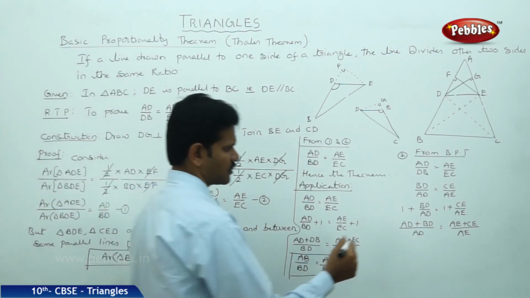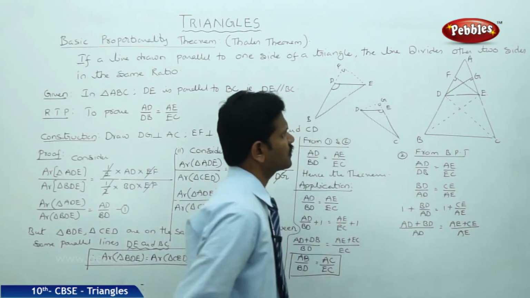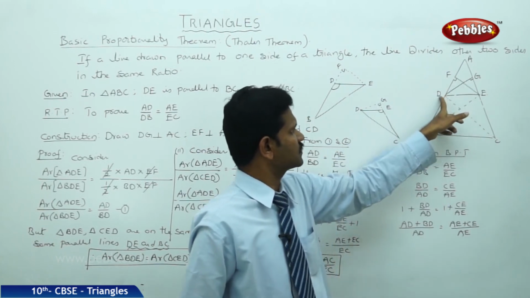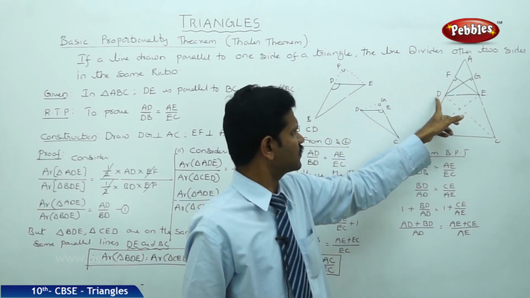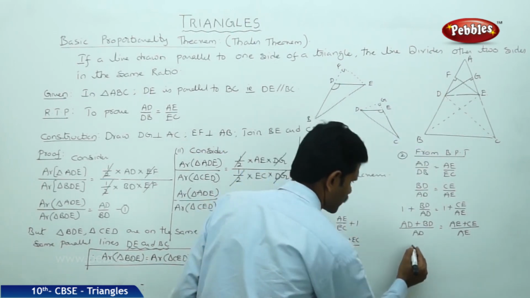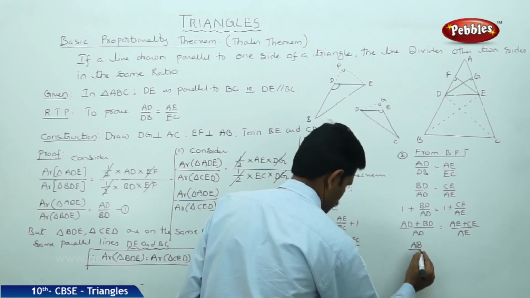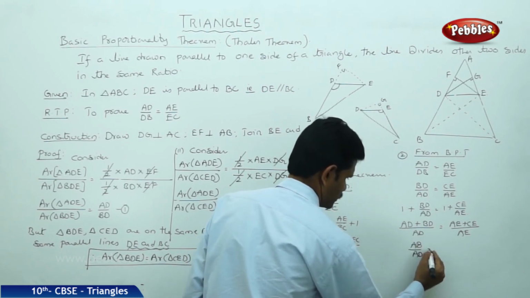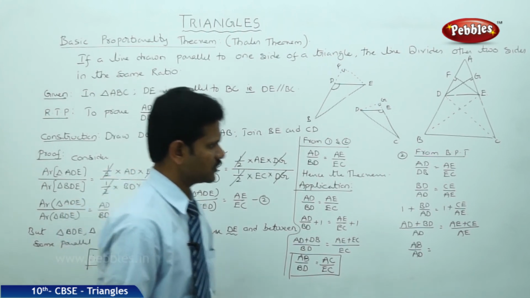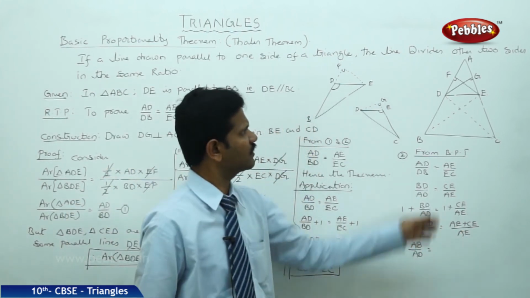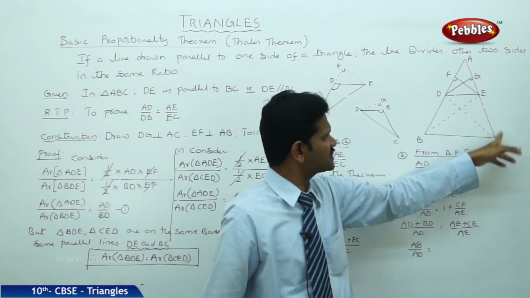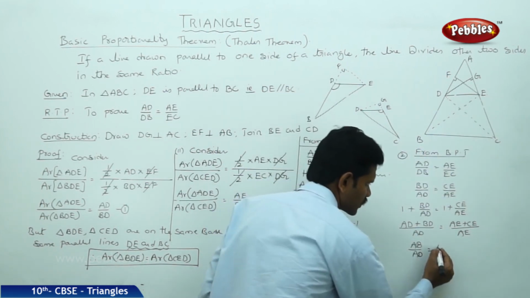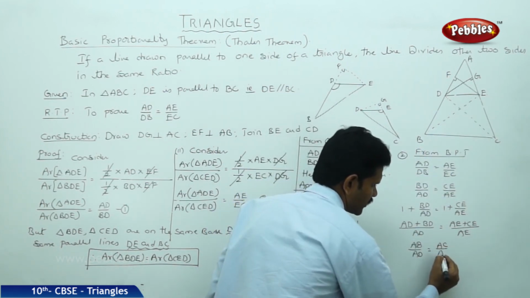AD plus BD gives you AB, so AB by AD is equal to AE plus CE, which gives you AC by AE.